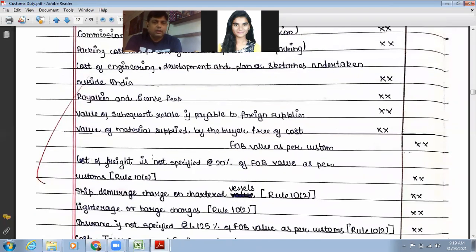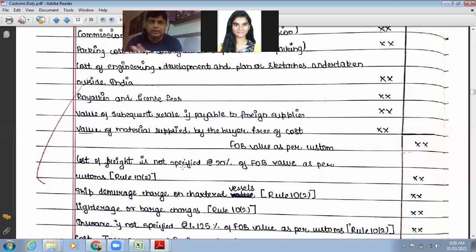Then after this, cost of freight if not specified. Now try to understand, the ship is ready, everything is loaded. Now from the US, the ship is coming to India. So then there will be cost of freight. After FOB, you have to add the insurance cost, because there might be a lot of problems.